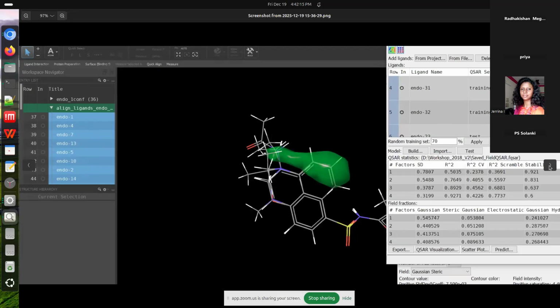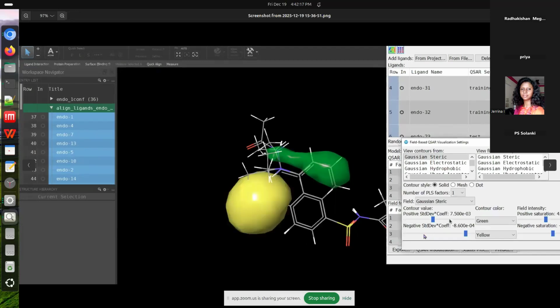corresponding regions. And you can also vary the contour color, and you can also change the colors of the contour. You can also see the field intensity, and you can also vary the positive saturation and also the negative saturation values.